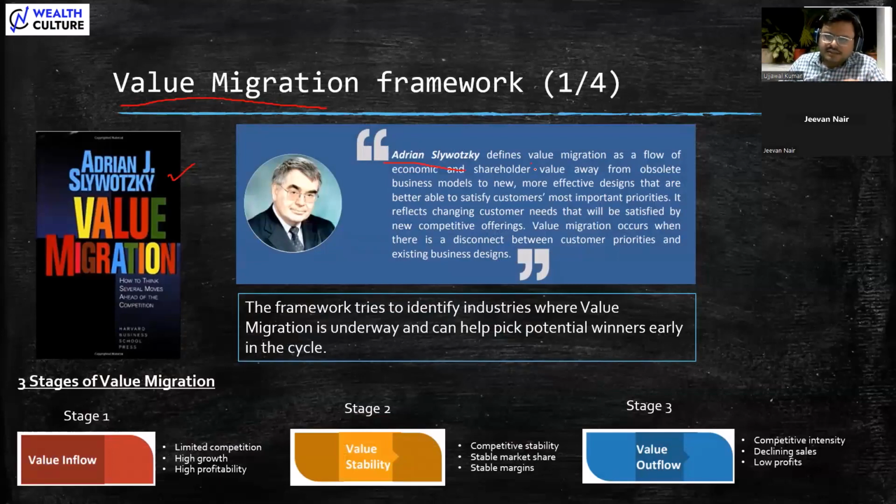It reflects changing customer needs that will be satisfied by new competitive offerings, right? And this typically happens when there's a disconnect between the customer's priorities and existing business designs, right?